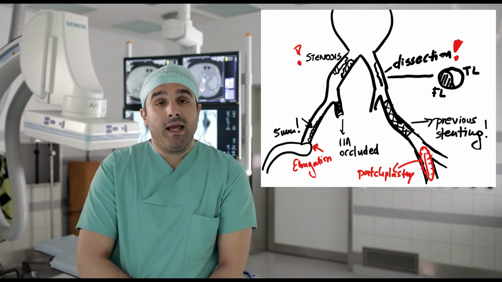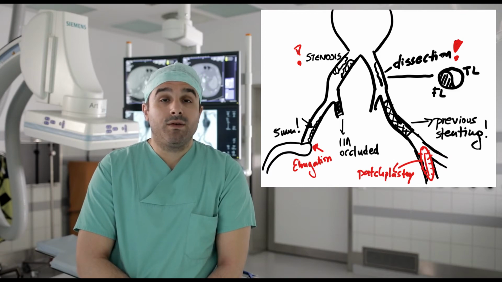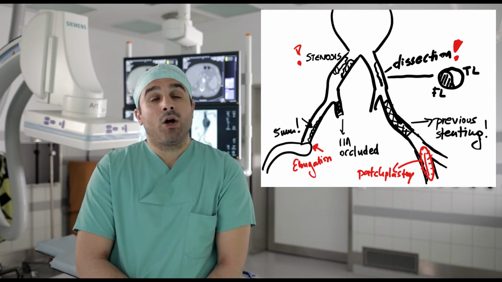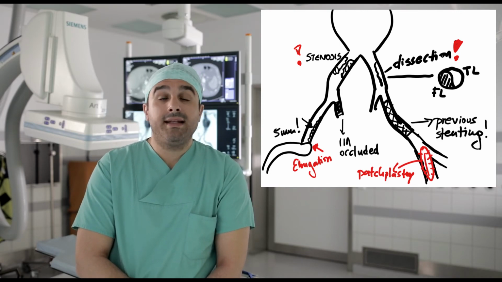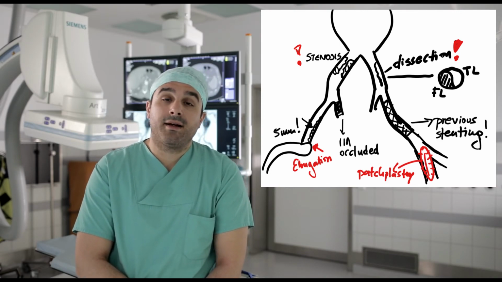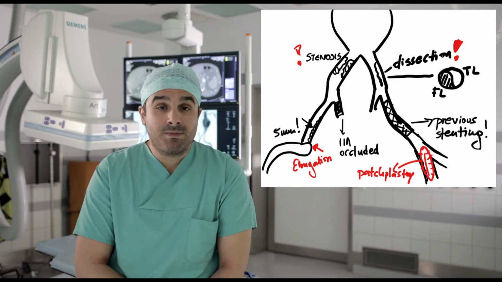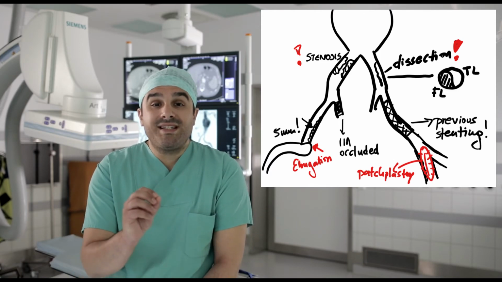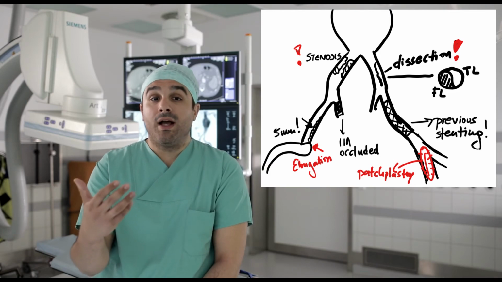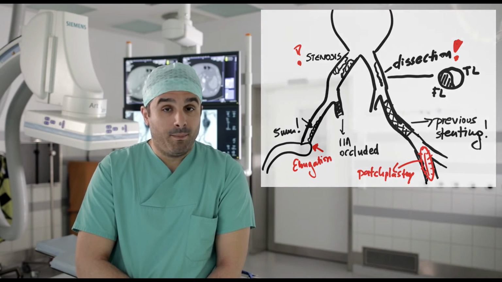For example, an elongated external iliac artery, or even a very short common iliac artery, or a stenotic external iliac artery, a dissection at the level of the common iliac artery, an occluded hypogastric artery, a previous angioplasty of the common femoral artery, or a previous stenting. All these anatomical scenarios or anatomic challenges may lead to a poor outcome with your EVAR if you are not taking consideration of them.